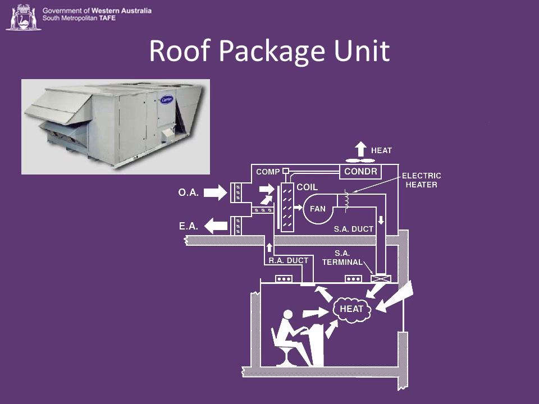The whole refrigerative unit and everything is packaged up together in one small unit with the condenser as well. We may be heating the air either by having a reverse cycle unit or more commonly with electric heaters. These electric heaters are either called reheaters or electric duct heaters, EDH for short.